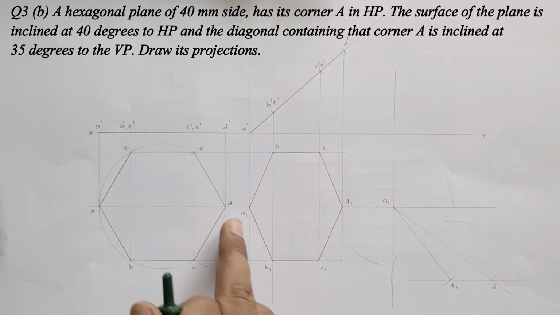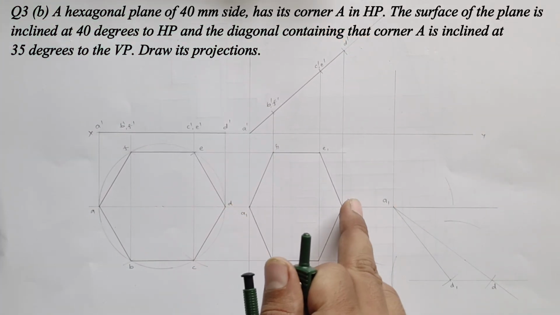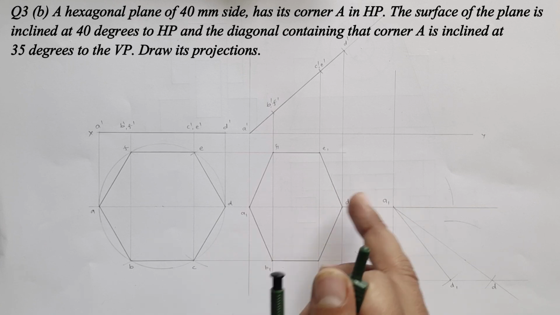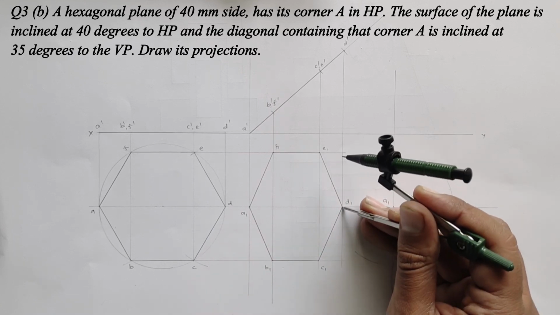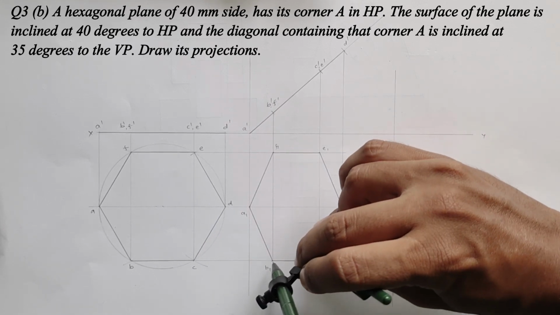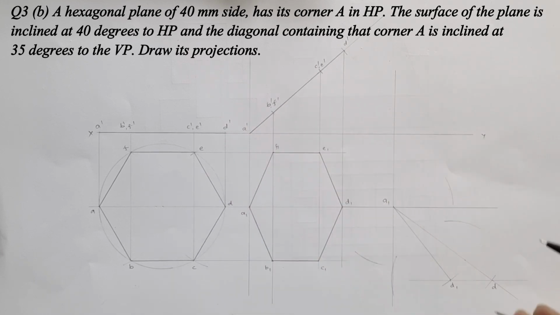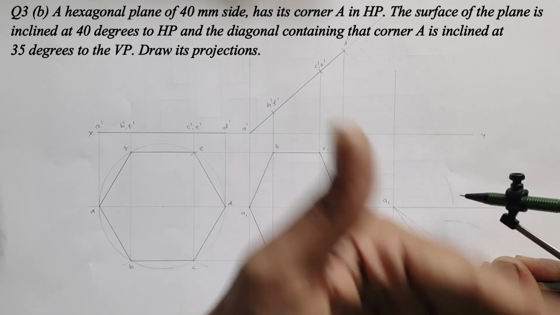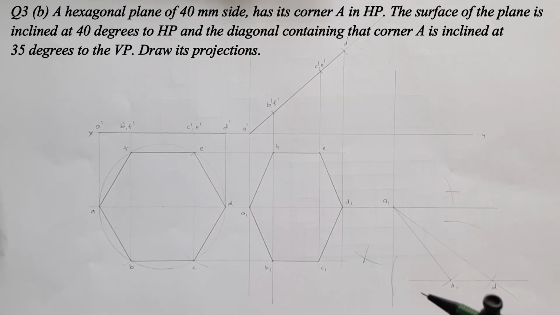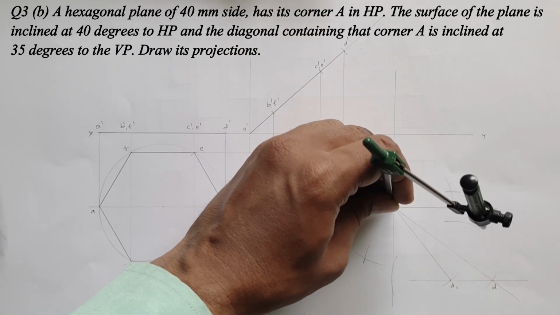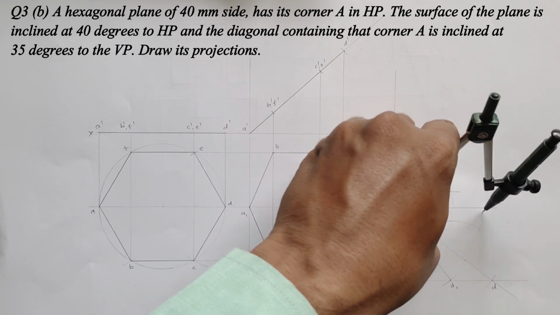For locating B, once you have taken distance from A, now take the distance from D. So opposite distance you have to take. I'm taking from A to B. It's same from D to F. So keeping here, cutting on the opposite points. Similarly, keeping here, cutting on the opposite points.